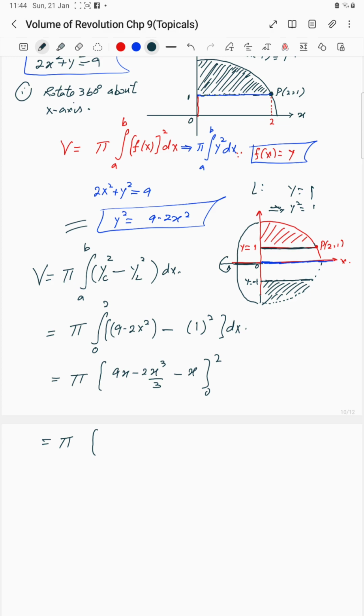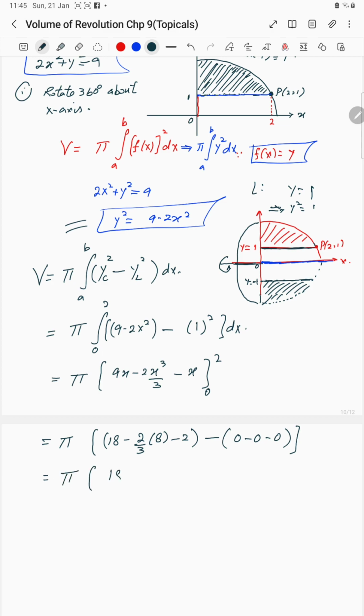Keeping that concept, we apply the condition for the volume of solid as the difference of the two. So 2 nines are 18 minus 2 by 3 times 2 to the power 3, which is 8, minus 2. This is the upper limit, minus the lower limit 0. Once you replace 0, all terms become 0, so no use of it.